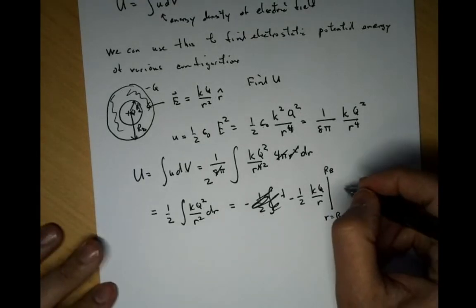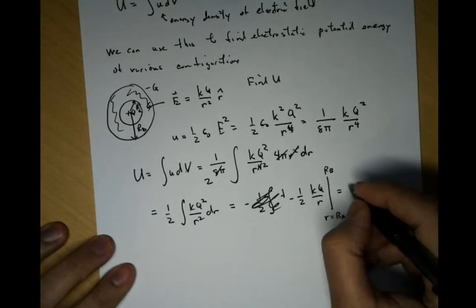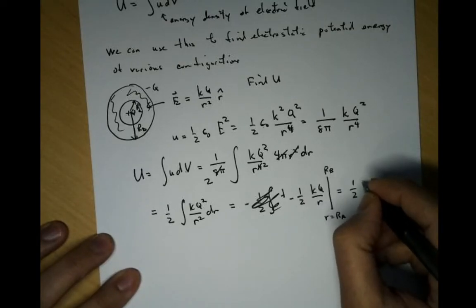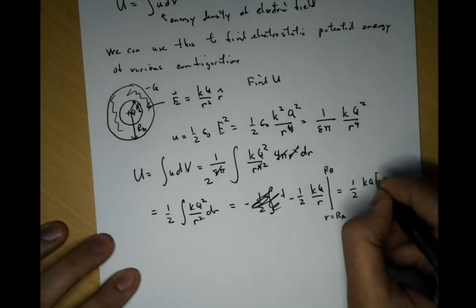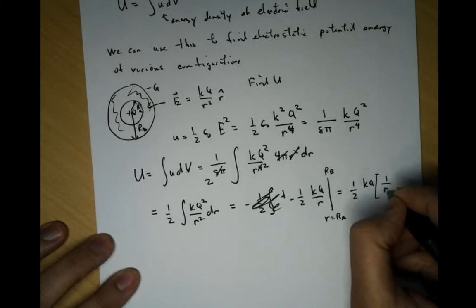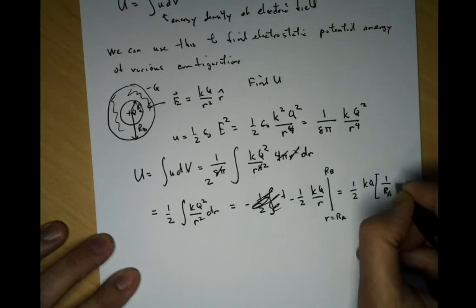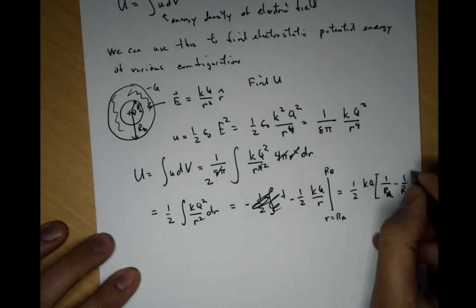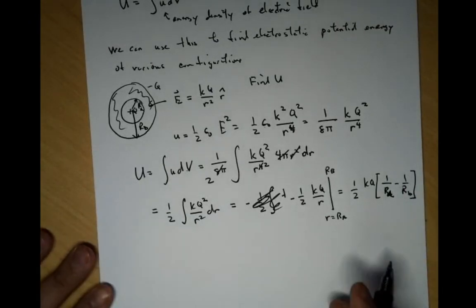Right, and this will work out. Okay, and so this is going to be equal to 1/2. I'll flip the sign of these things. KQ 1 over RA minus 1 over RA, sorry, 1 over RB. Okay, beautiful, right?